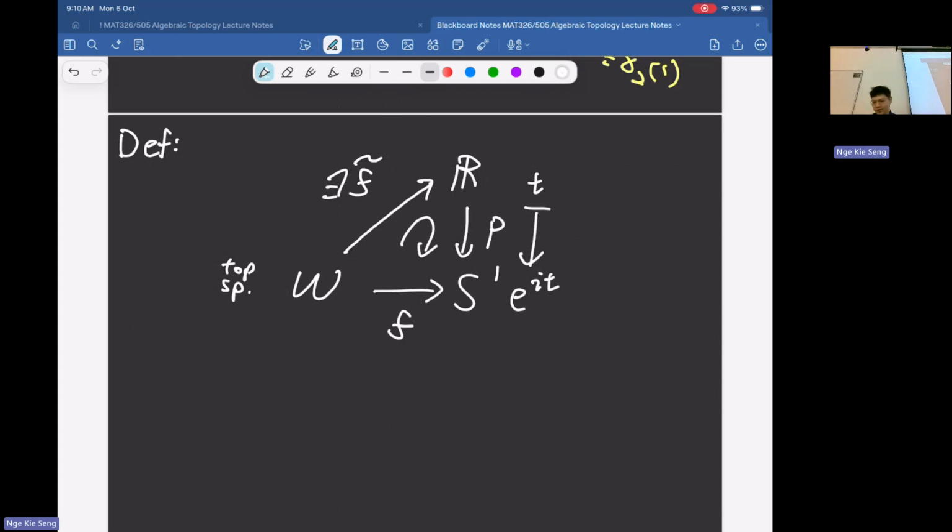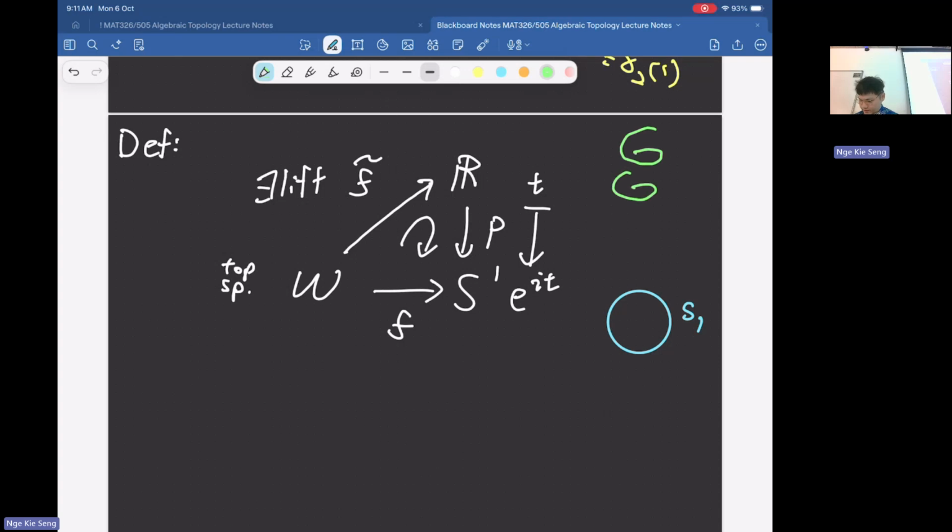So this is what we call a lift, if there is this. The picture you should imagine is that I have the map into S1 here, but I can lift it to somewhere inside the real numbers.